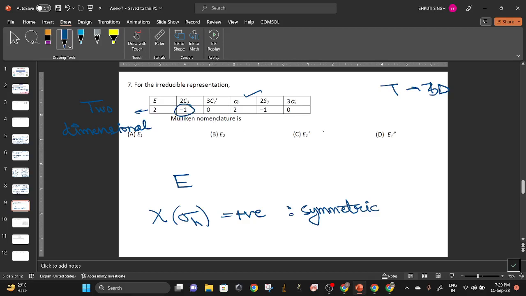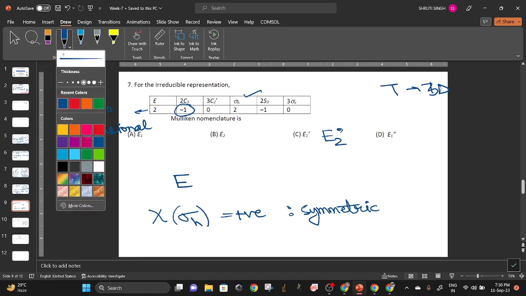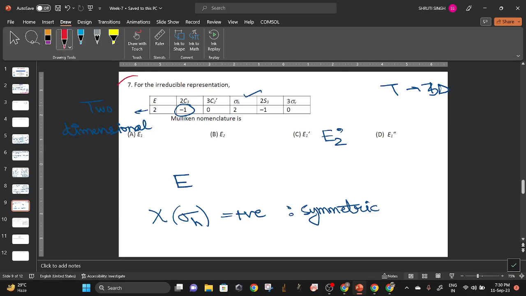So either it should be E2 dash. Let's leave this question, I'm also not sure. I'll clarify this in the next live session, or if you guys can give some input.